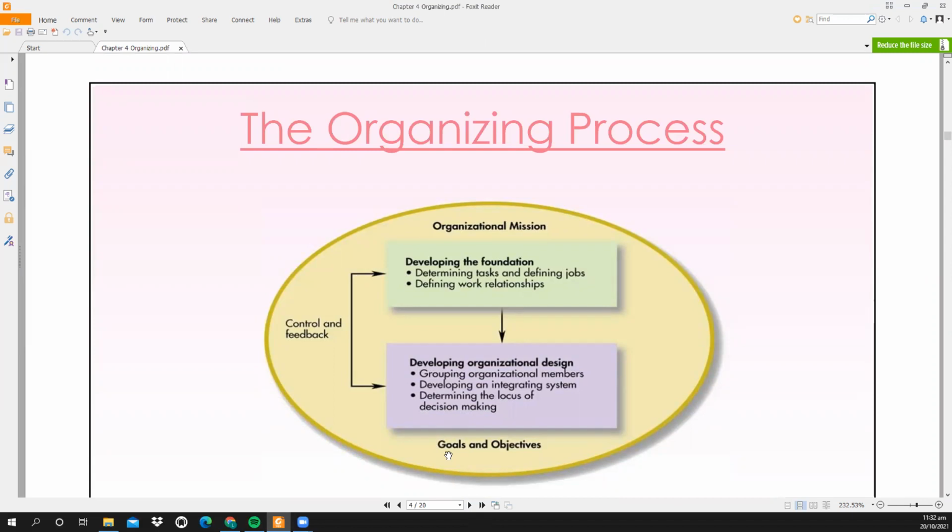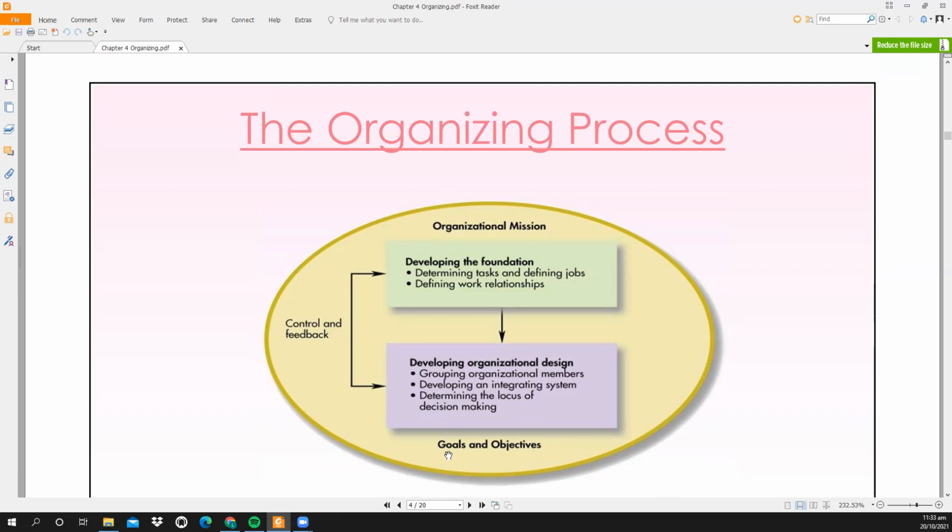First, here you see the organizational mission, the goals and objectives, and control and feedback. First is organizational mission: developing the foundation, determining the tasks and defining jobs, defining work relationships.